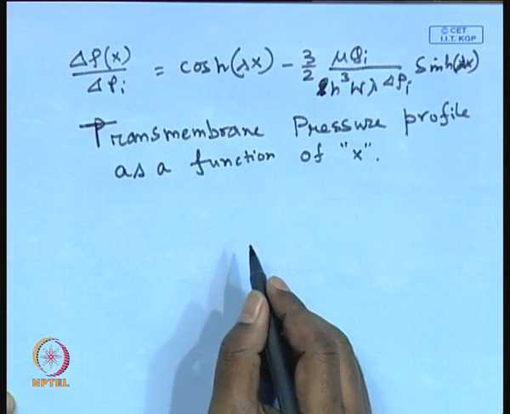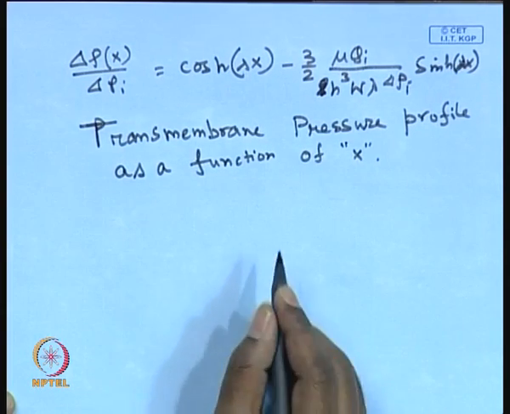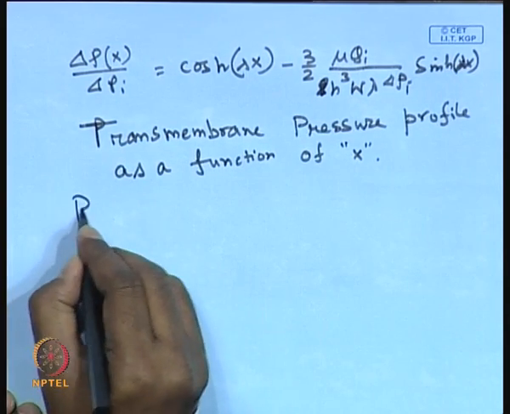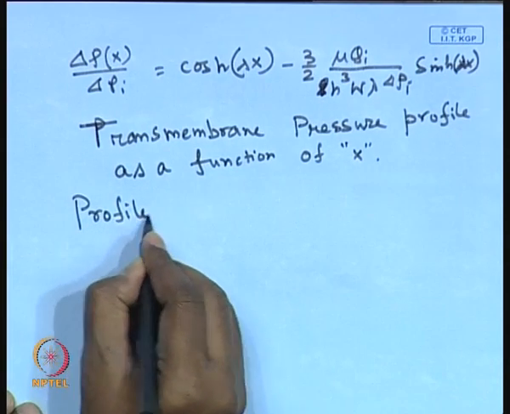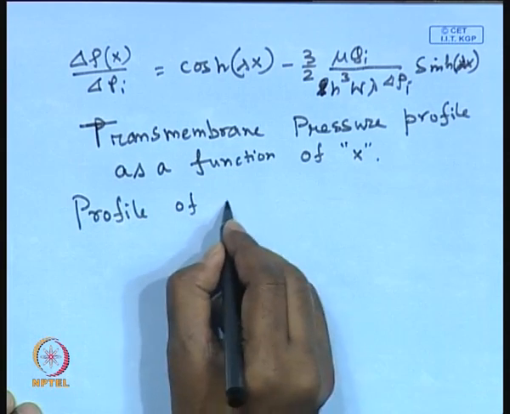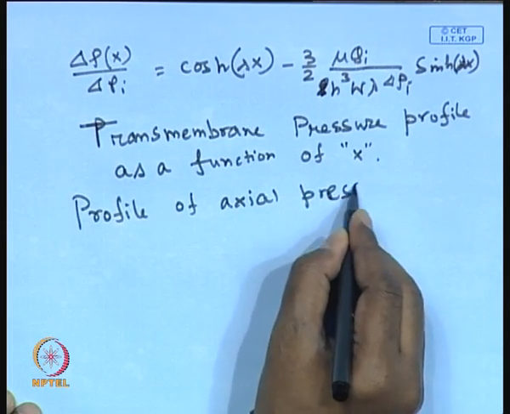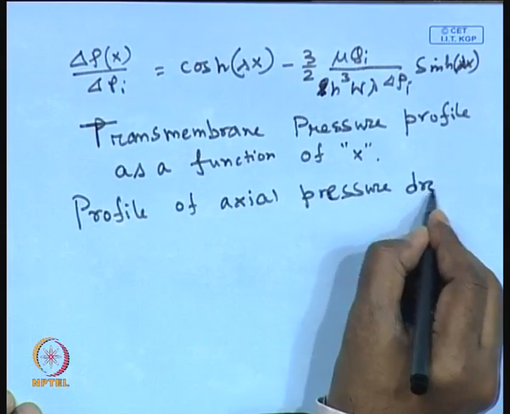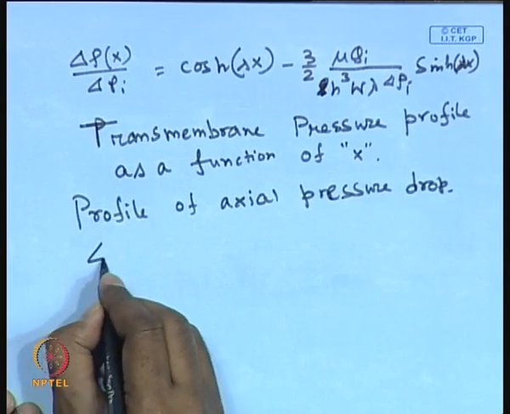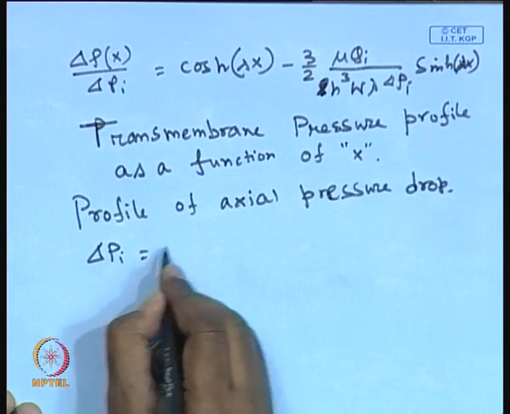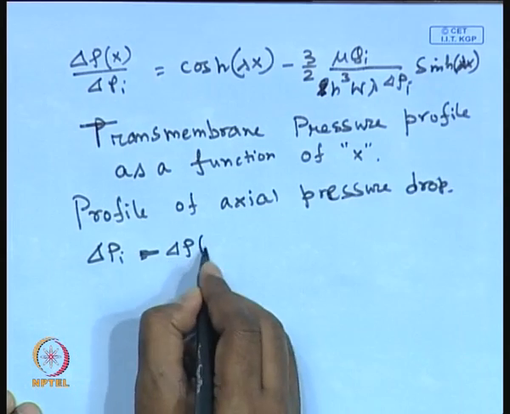Now, this can be translated into the axial pressure drop. So, the profile of axial pressure drop becomes delta p I minus delta p(x).